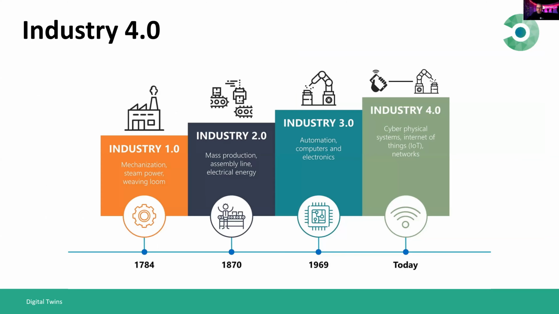Okay, so as you know, we have had 4 industrial revolutions over many years. We are now in Industry 4.0. So the aspects of cyber physical systems, Internet of Things, and networks, where everything is connected to everything else, are more and more relevant in today's world.